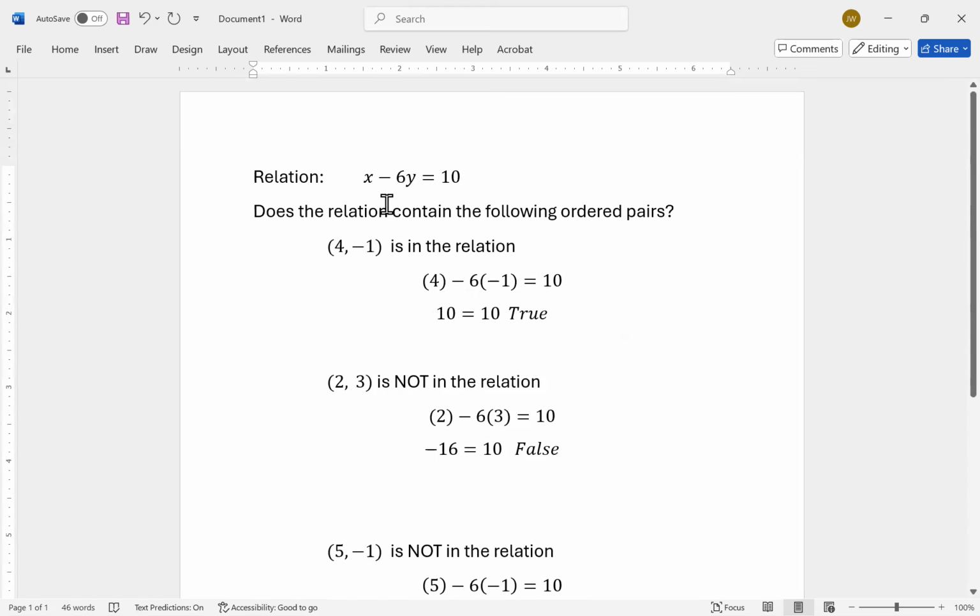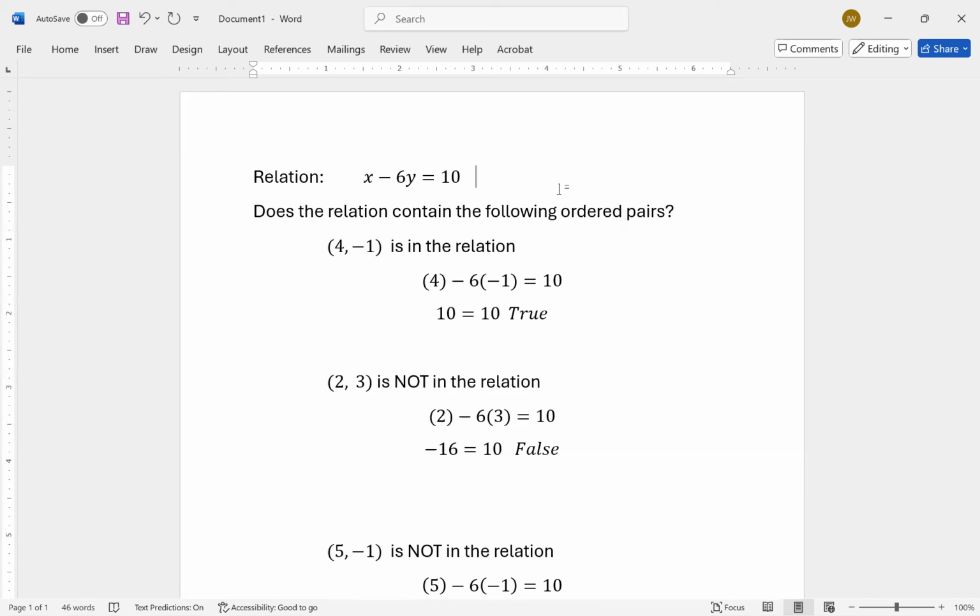And you could probably guess that there are going to be infinitely many ordered pairs that make this equation true. And there are. There are also going to be infinitely many ordered pairs that make this equation false.